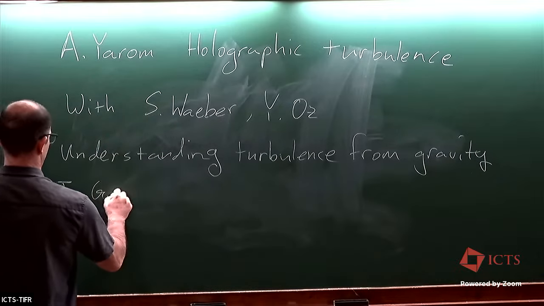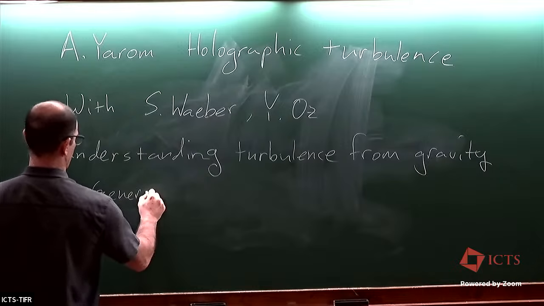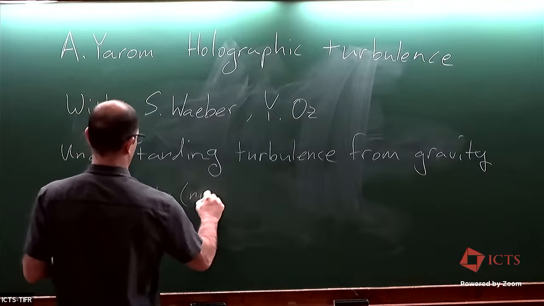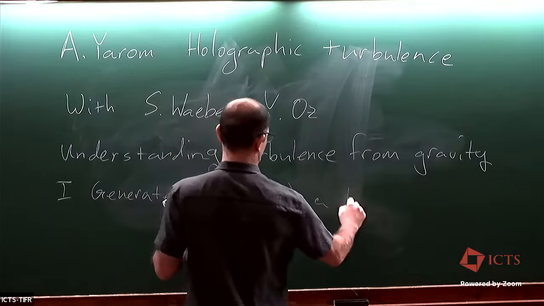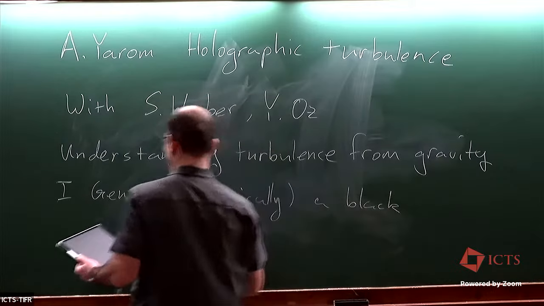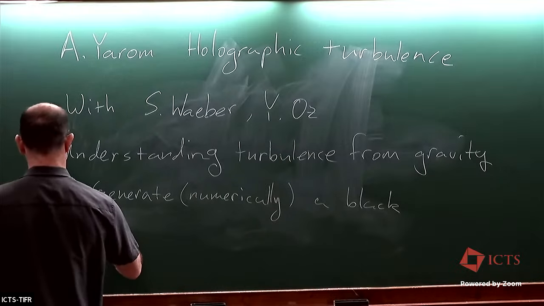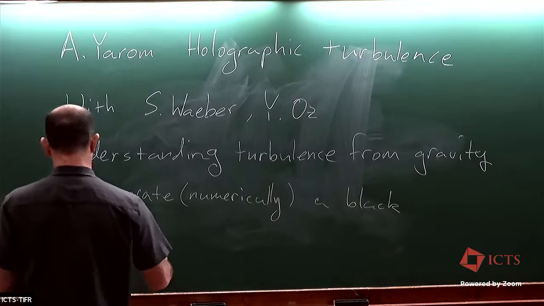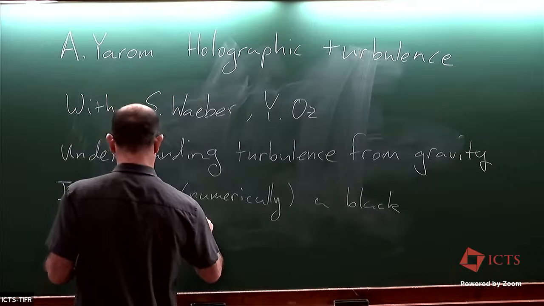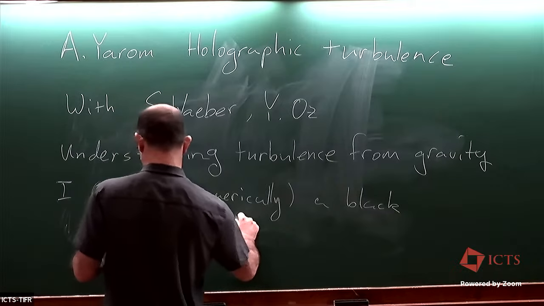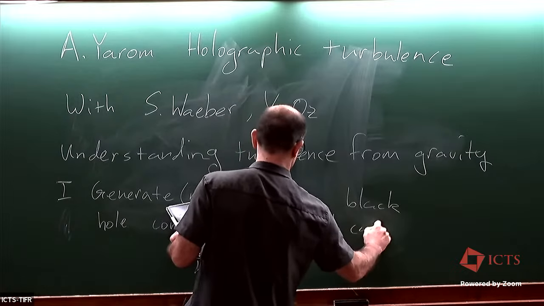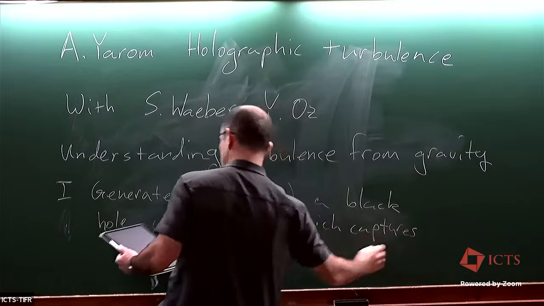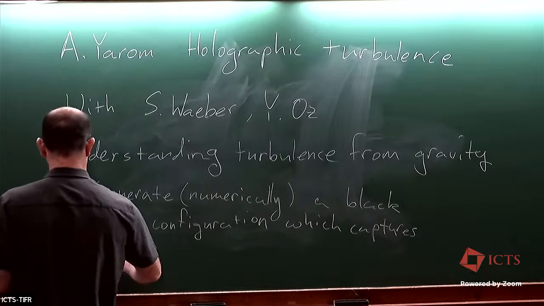The first step is to generate a black hole which captures features of turbulence.